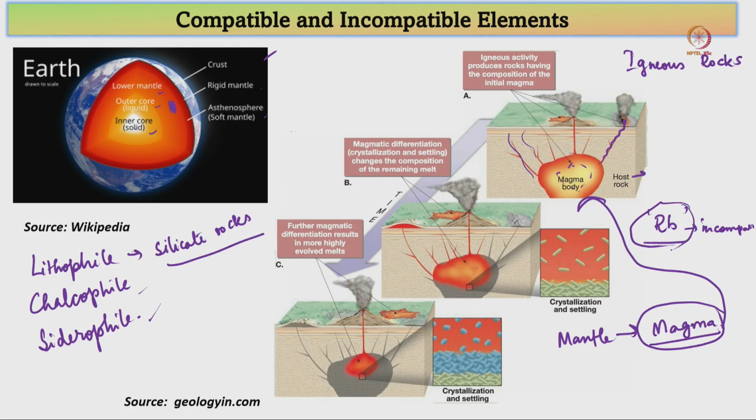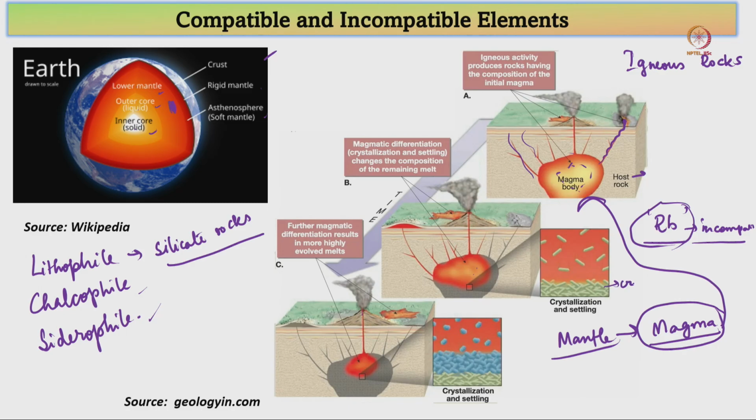So, my rubidium is incompatible in the mantle, it does not like to be in the mantle. It will like to be with the magma. It likes to go out with the magma, and then from the magma it will form all the different types of minerals, the crystals that are getting formed here.